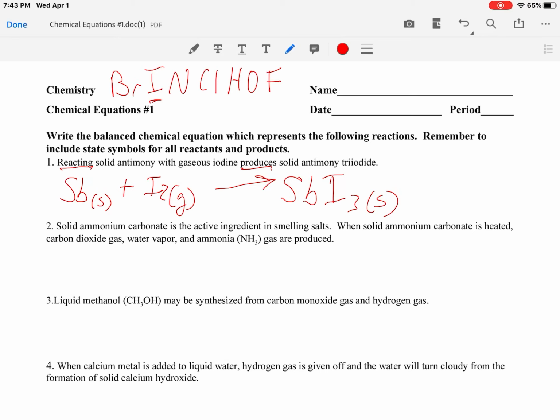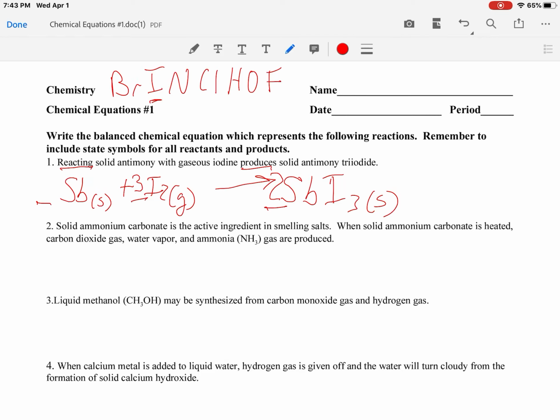An easy way to fix that, you recall, is if I put a 2 out in front here. Remember, the only thing I'm allowed to change when I'm balancing are the coefficients out in front. That's the only thing I can change. If I put a 2 in front of the SbI3, that gives me 6 iodines. And if I put a 3 in front of the I2 over here, that gives me 6 iodines over here.